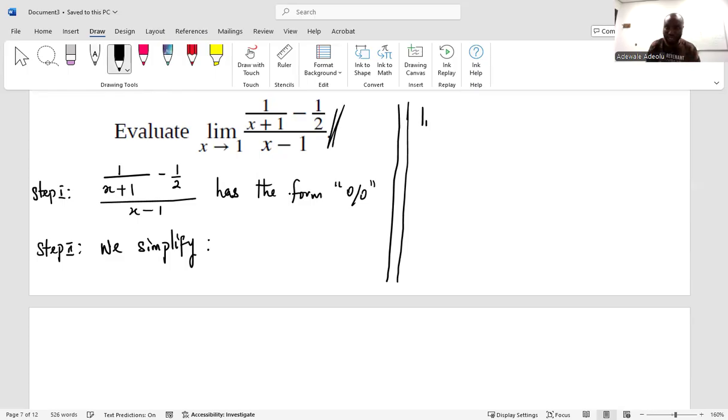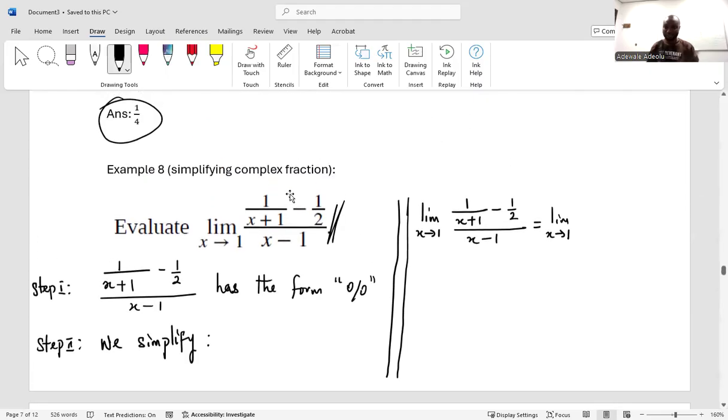So I need to write the limit as x goes to 1 of 1 over x plus 1 minus 1/2, divided by x minus 1, equals the limit as x goes to 1.